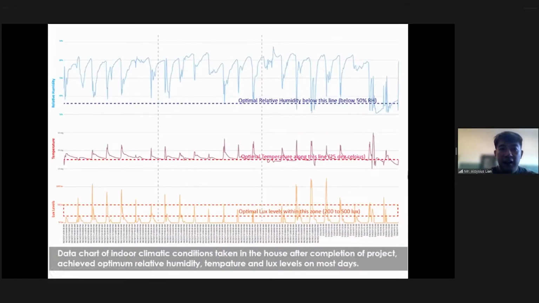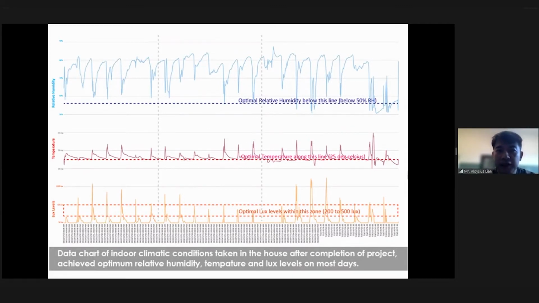Okay. This is a real factual validation. As I said, we have to be completely frank. The sensors don't lie. So what we have done is this design did slightly improve the natural daylighting levels.